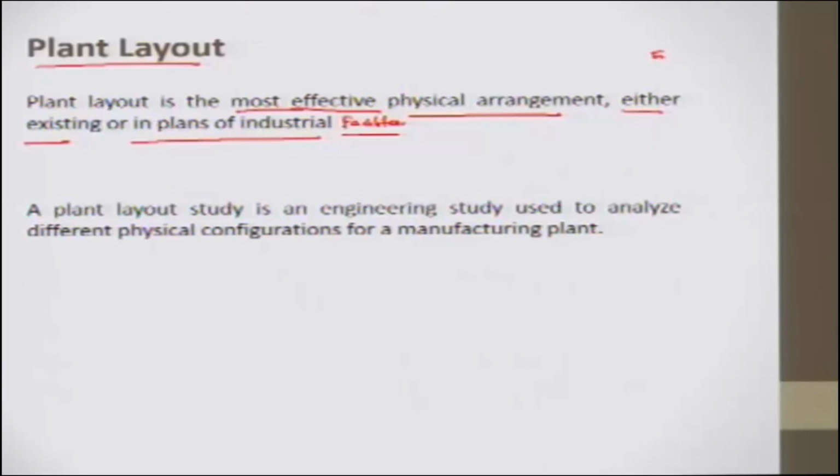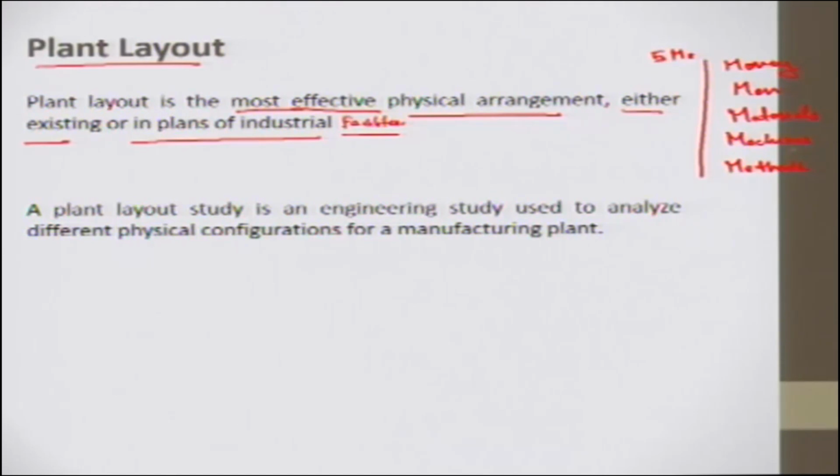There are 5 M's in management. 5 M's of management are money, men, materials, machines and methods.